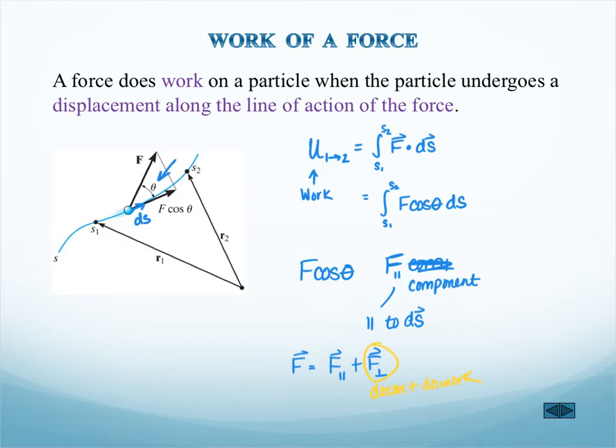And so that's part of the reason that we write work as a dot product, because it allows us to only include the component of the force that's parallel to the displacement.